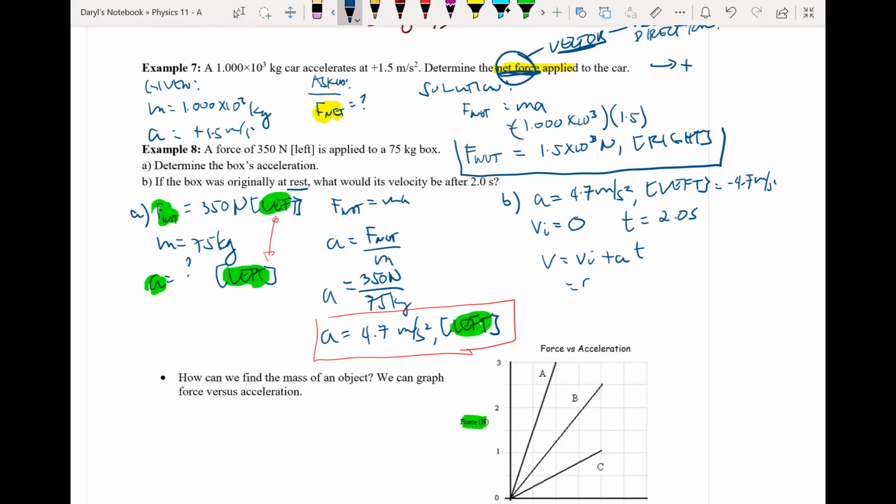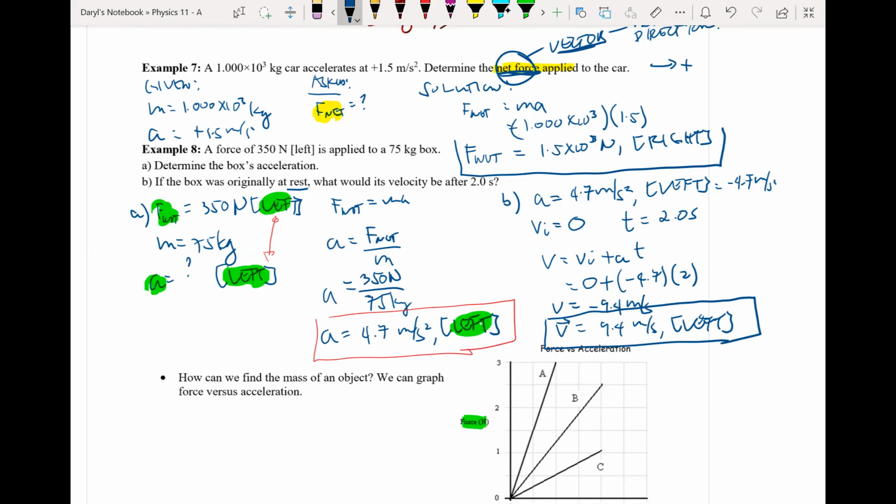In this case, this is 0 plus negative 4.7 times 2. So the velocity after 2 seconds would give me negative 9.4 meters per second. In terms of direction, that is 9.4 meters per second to the left.